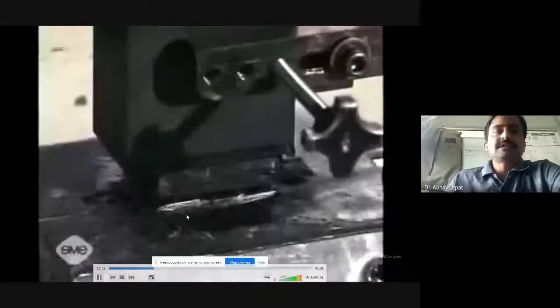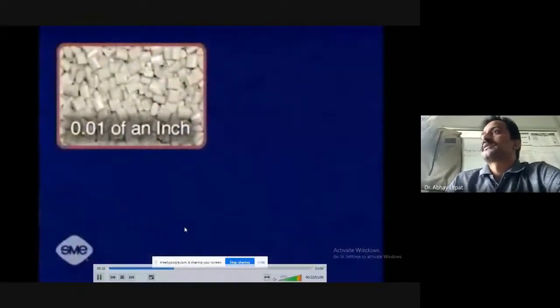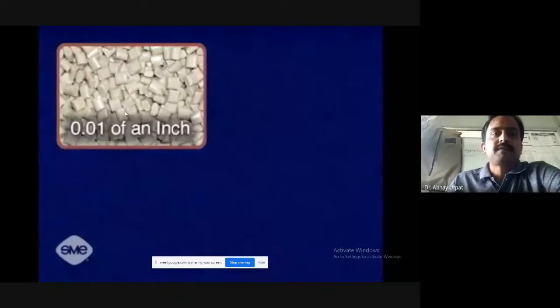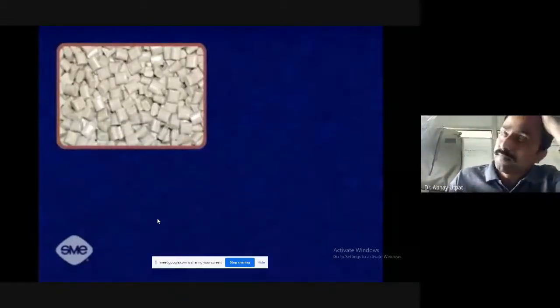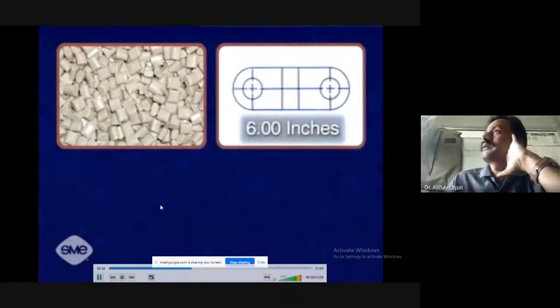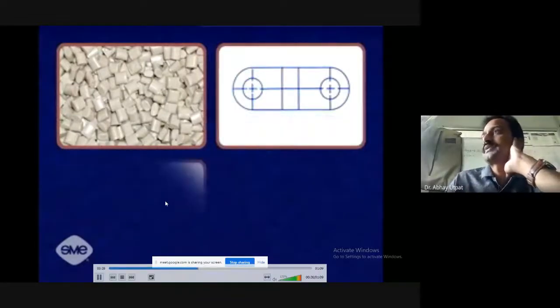This is the injection molding machine. These are the grain sizes of the plastic raw material which is used. The component is explained here.